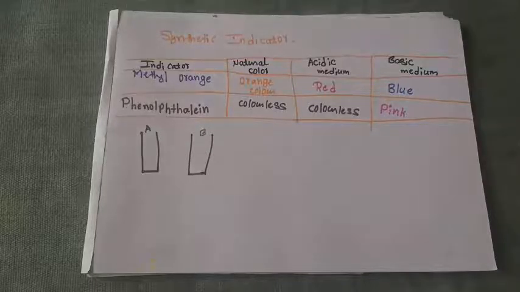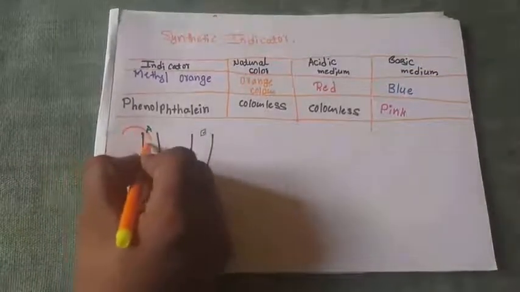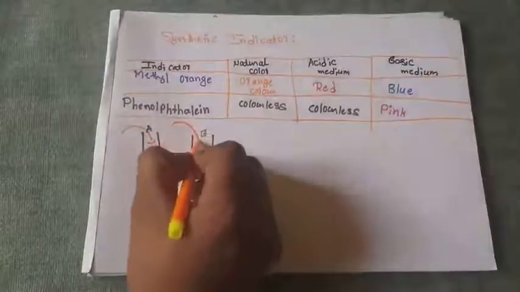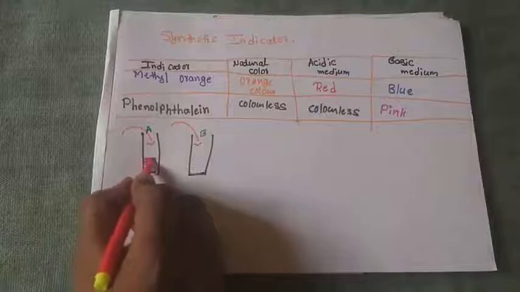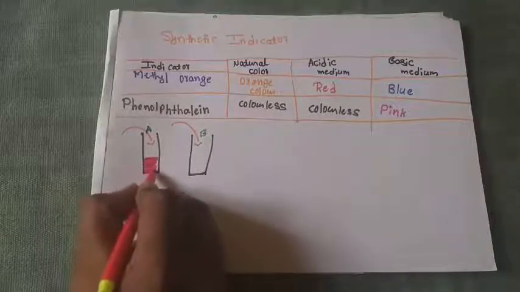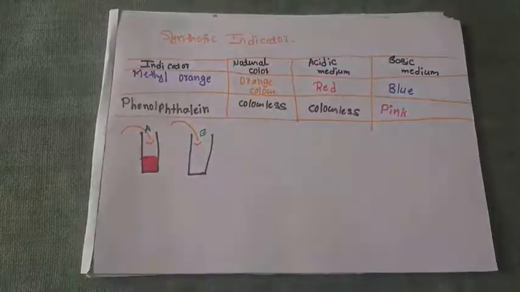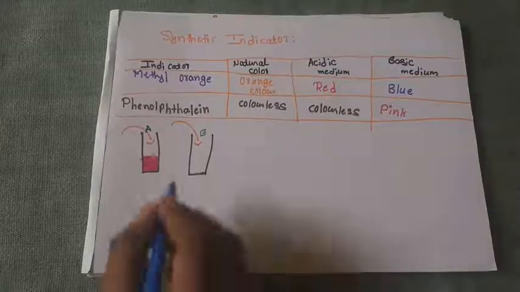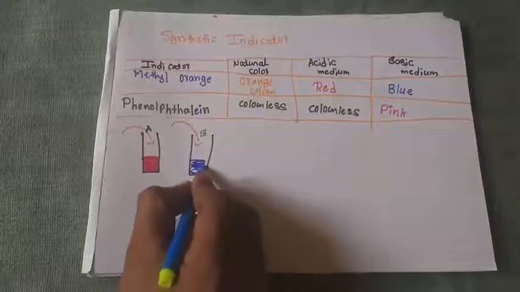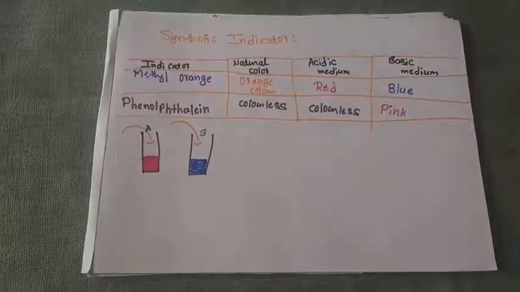First add methyl orange to test tube A and the same methyl orange to test tube B. Initially, whatever the color may be, after adding the methyl orange, test tube A turns red, but test tube B turns blue.